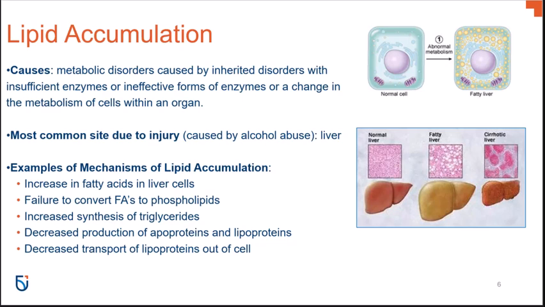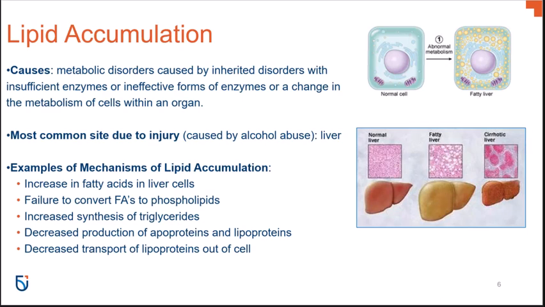And one of the most common causes of a fatty liver is alcohol abuse. And if a fatty liver is not corrected over time, scarring can develop and it can lead to cirrhosis, which will be talked more about in later lectures. Cirrhosis is not reversible, but a fatty liver can be reversed.